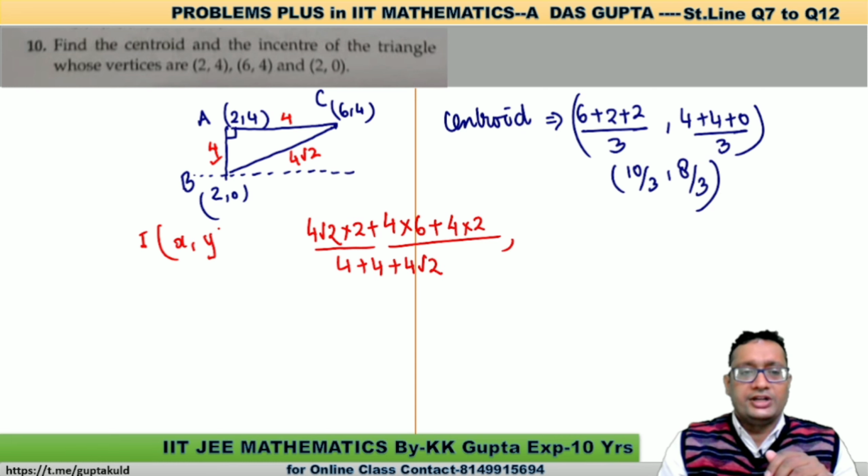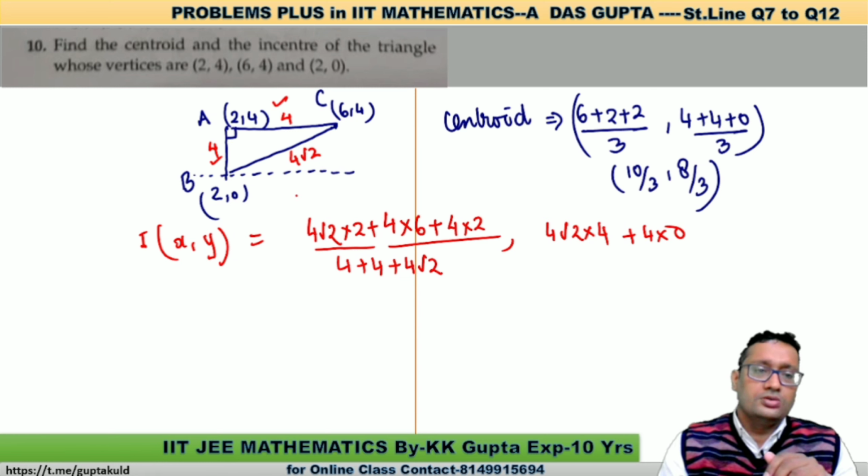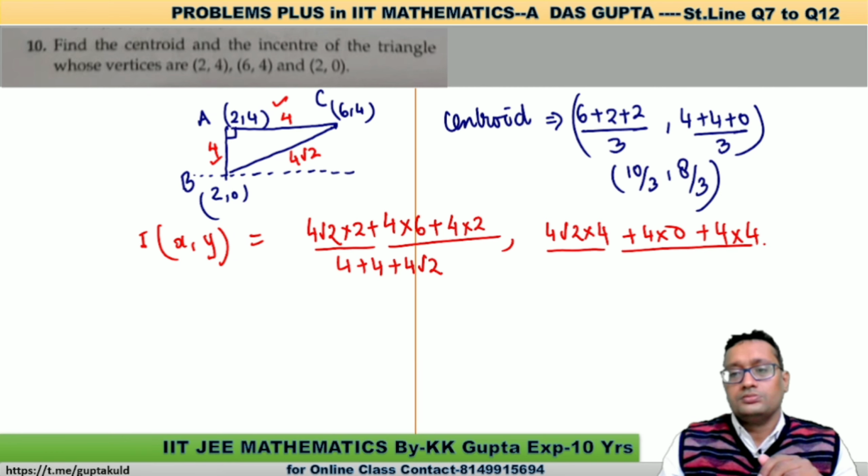And if I am calculating the y coordinate, it will be 4√2 × 4 plus 4 × 0 plus this 4 multiplied with 4, upon 8 + 4√2.